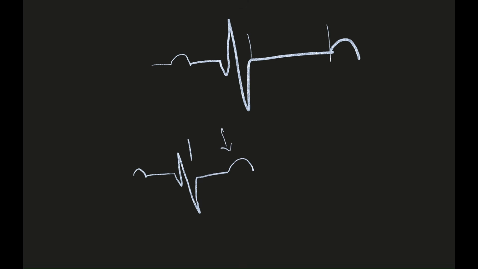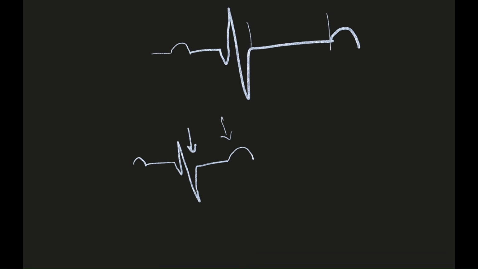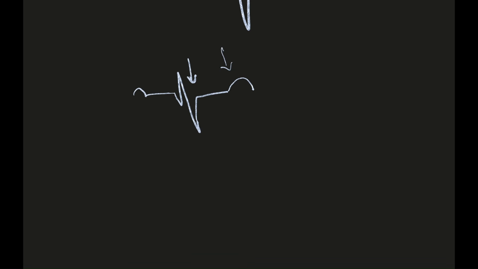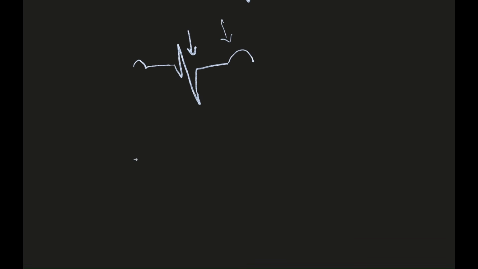In this region some changes start. Now, what could the changes be? Either it gets elevated, it does not come towards the baseline before going towards the T wave, or it gets depressed. How does it look on the ECG? It will be like this.